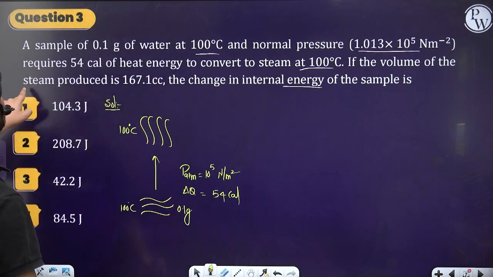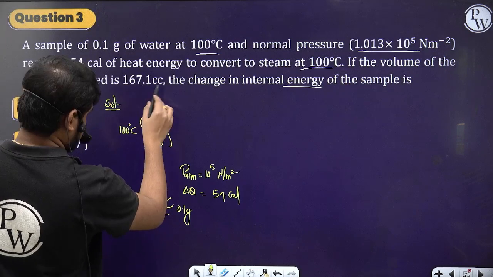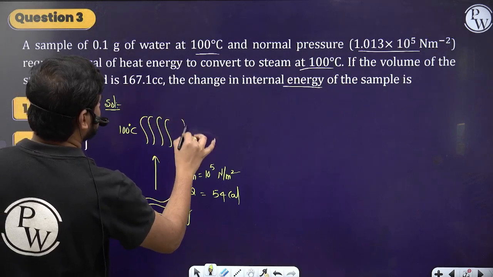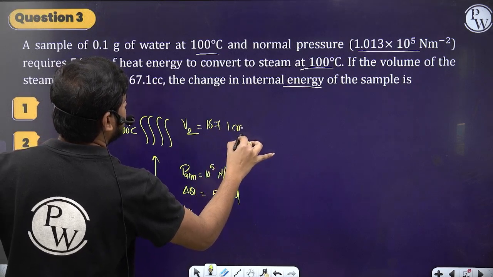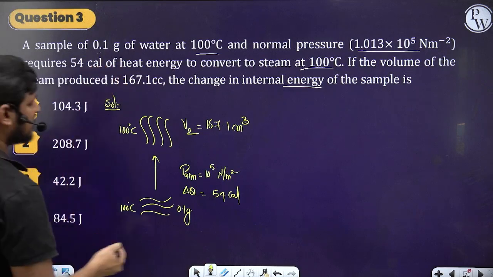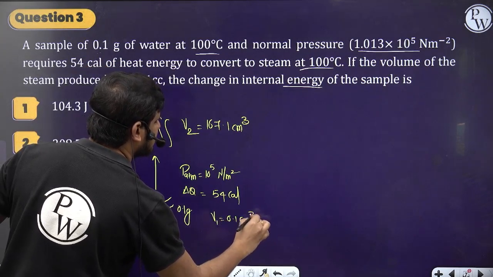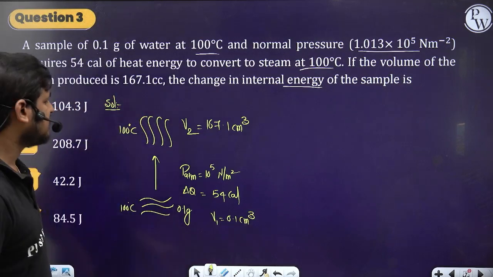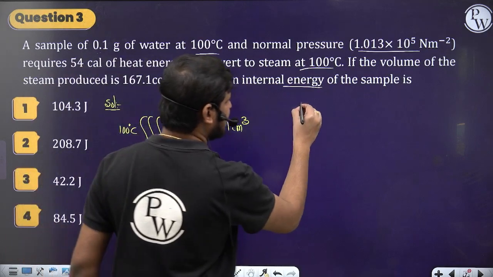If the volume of the steam produced is 161.1 cc, which is nothing but V2 equal to 160.1 centimeter cube. Here 0.1 gram means 0.1 cc, so V1 is 0.1 centimeter cube. The pressure is constant atmospheric pressure. First, the heat delta Q we know.